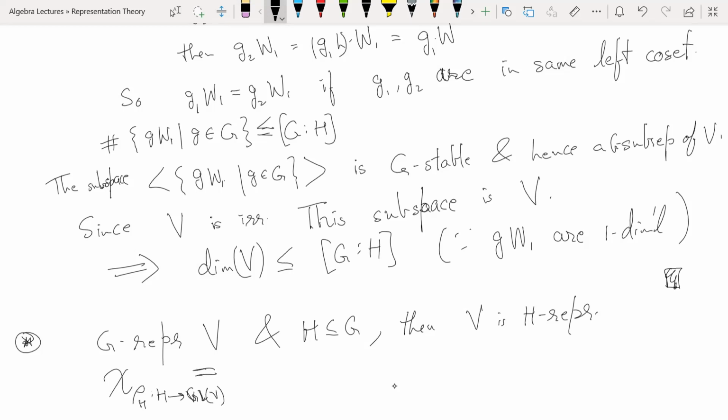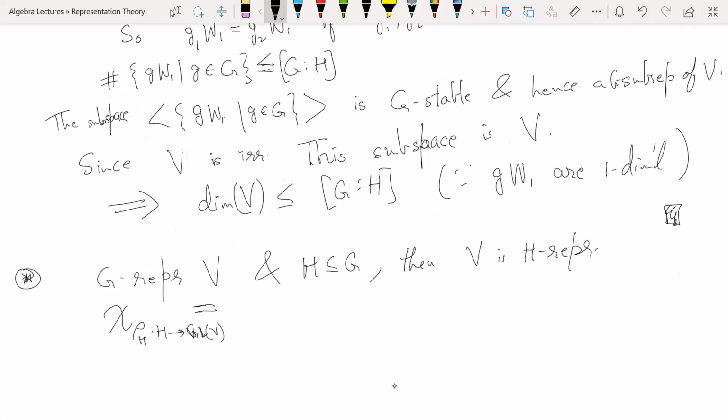If I want to know the character of this, what is it going to be? It's the restriction of chi, so chi V restricted to H, because we are just taking the trace of rho restricted to H, and in the ambient one we are taking the trace of rho of G. So you look at the character of V as a G representation and restrict it to H. That is the character of V as an H representation.